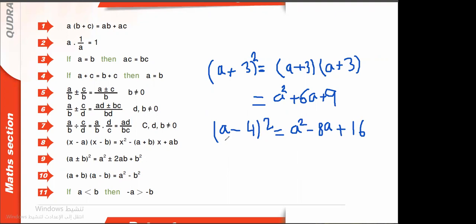Now you can also solve it like this: A square, and you multiply A times minus 4 times 2, it is minus 8A, and 4 square is 16, right?